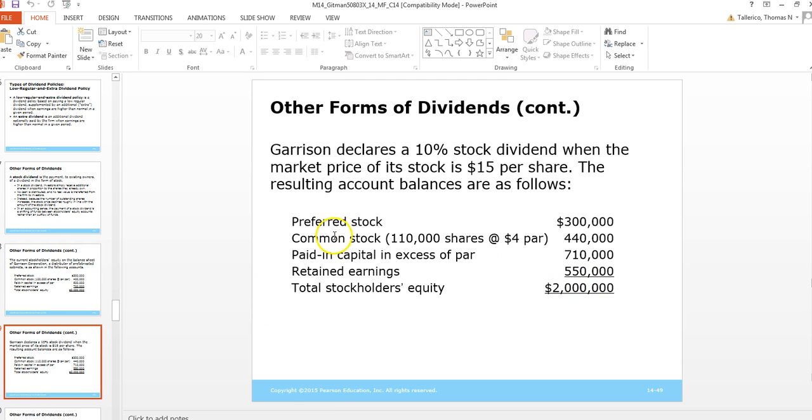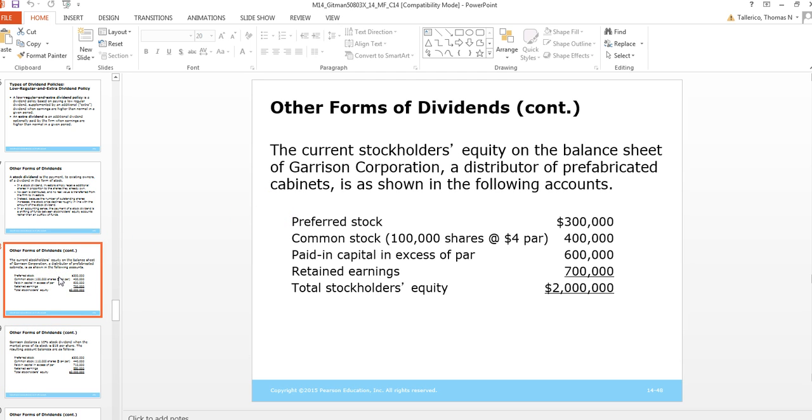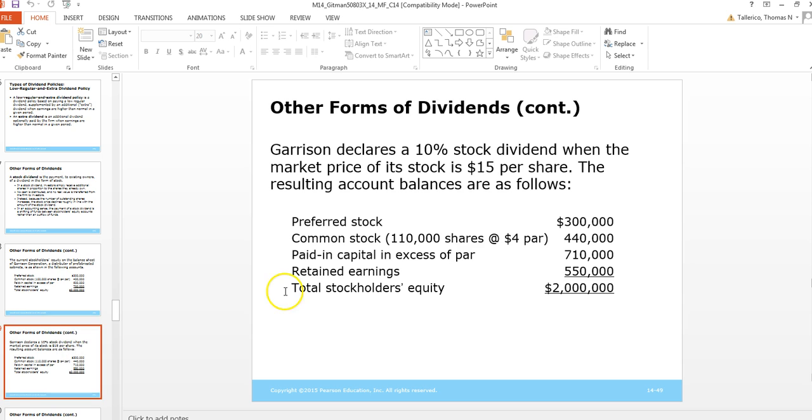All right, so here is the 110,000 shares times $4 par. So they're given basically more shares, right? And paid in capital in excess of par is now 710,000.